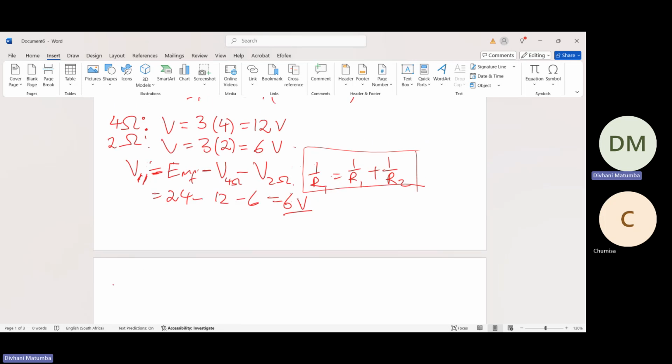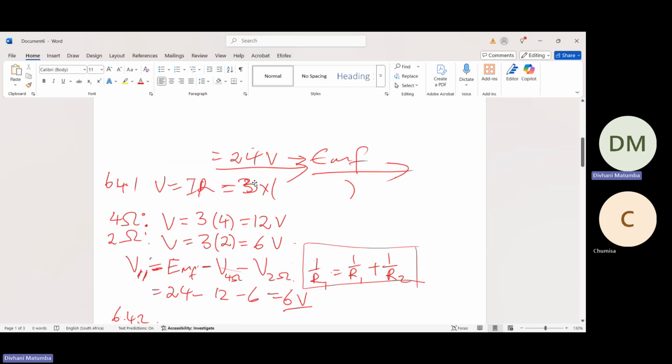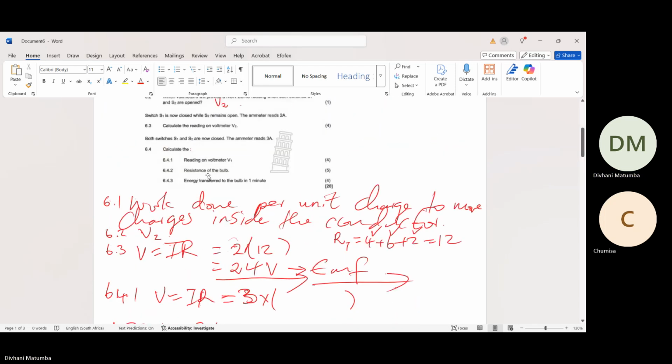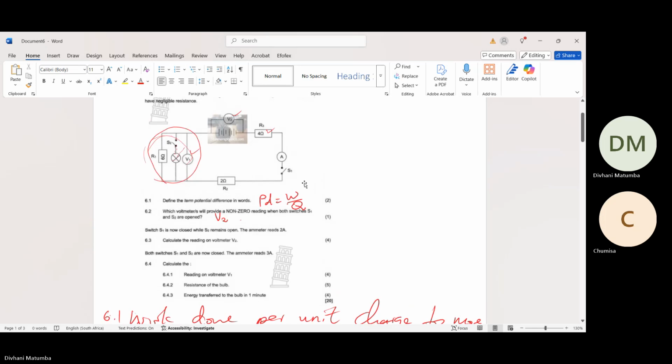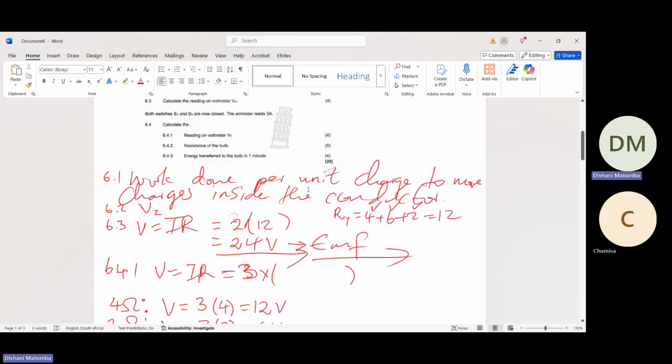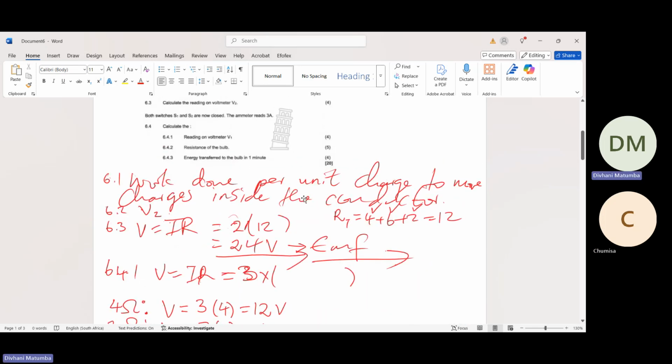So the next question says, this is 6.4.2. It says, calculate the resistance of the bulb.